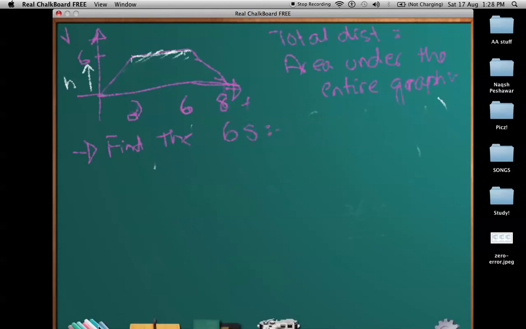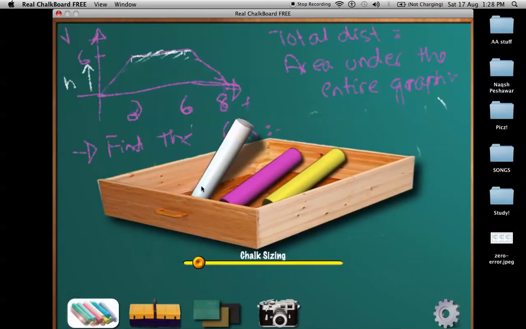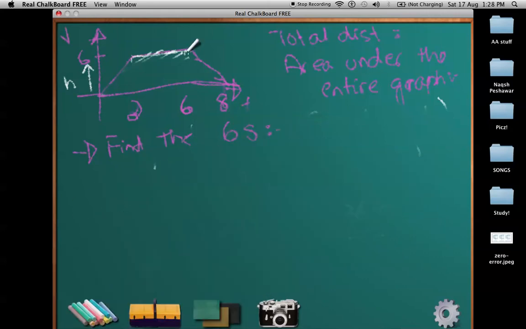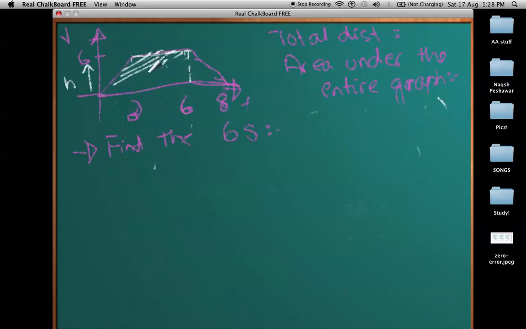Now I will only consider the area under the graph till this point, not beyond, because they haven't asked for it. So the area I'll be considering would be this one.